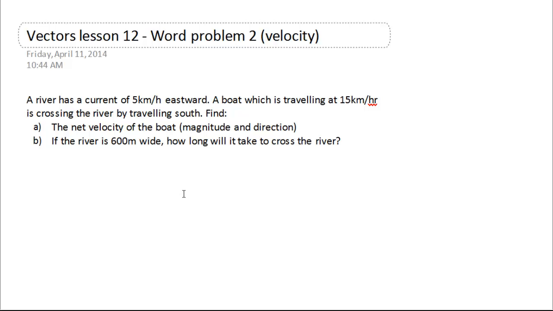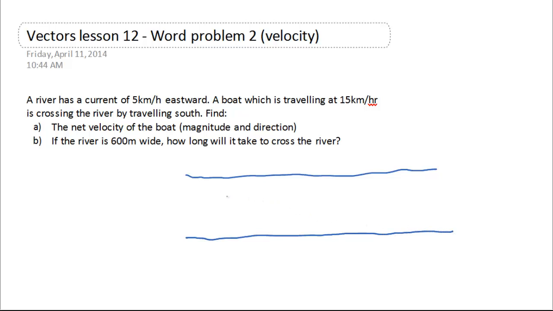Okay, so the first thing that you should do when you see a word problem is to draw a diagram. So I'm going to draw a river, and I'm going to draw a vector representing the current of the river, which is 5 kilometers per hour. This is the velocity of the current, and it's moving to the right.